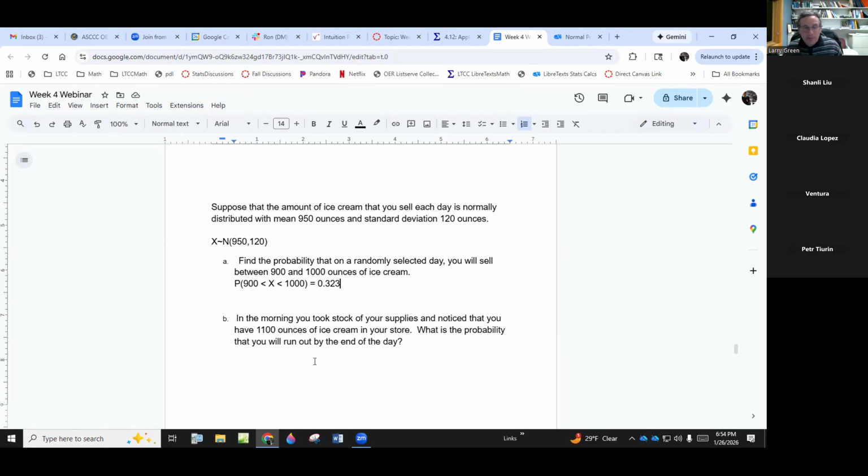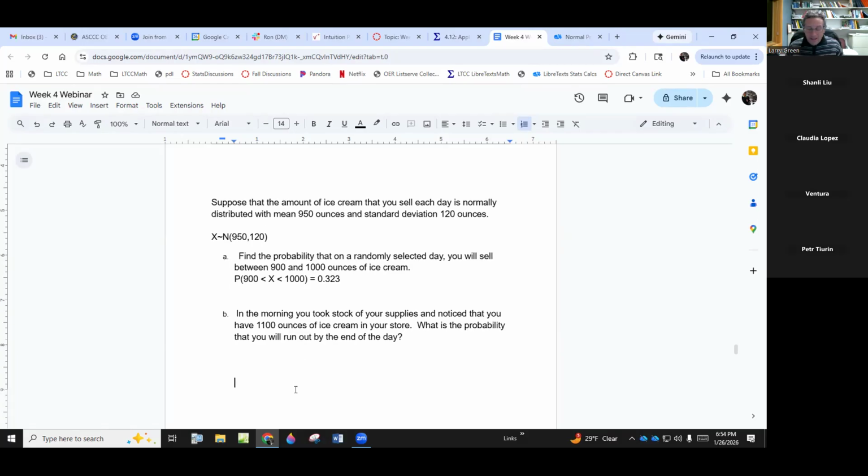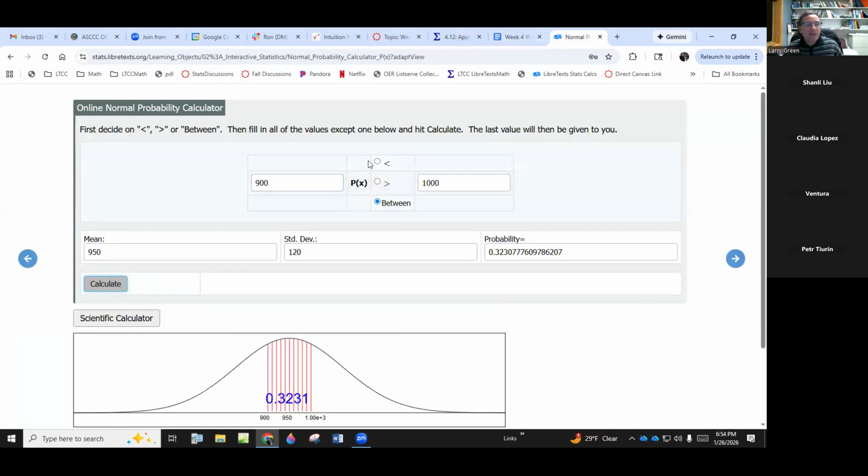So we want the probability that the customers' needs is greater than 1,100. So all I have to do is hit greater than, make that 1,100.